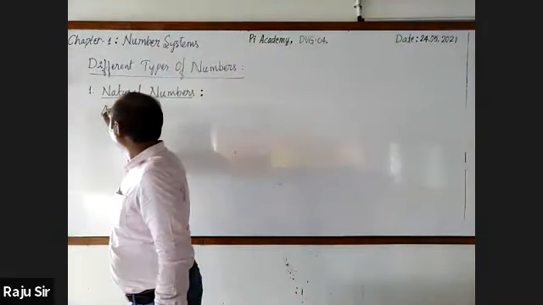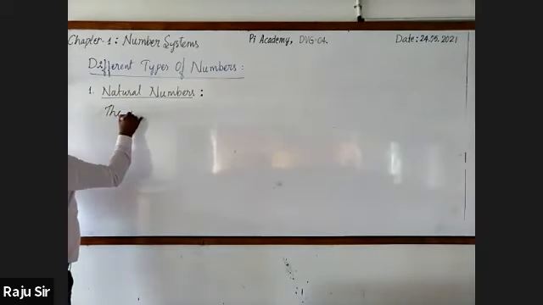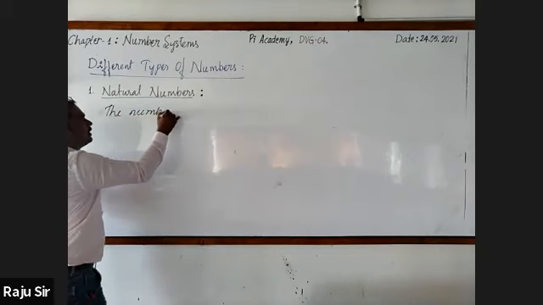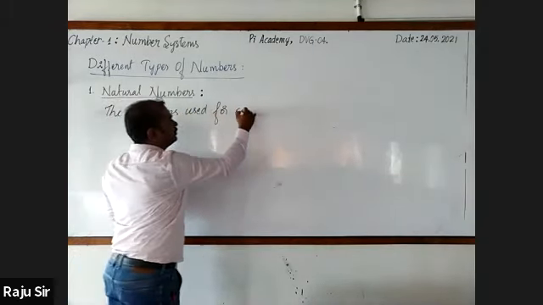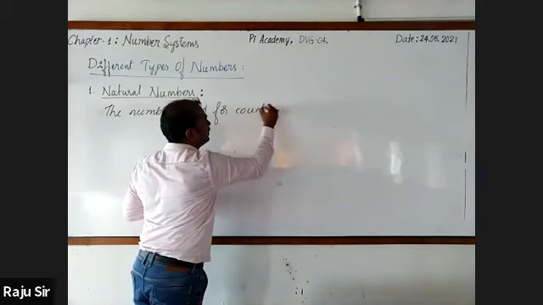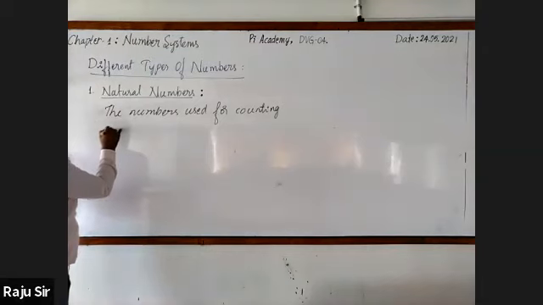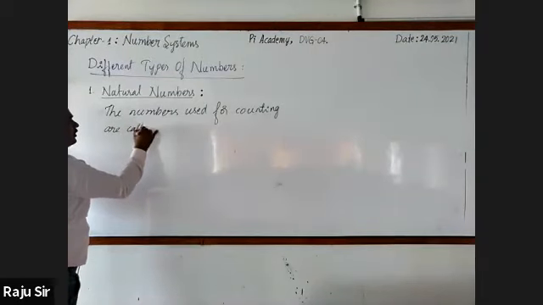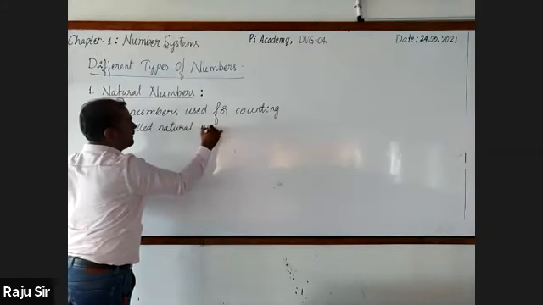The numbers used for counting are called natural numbers.